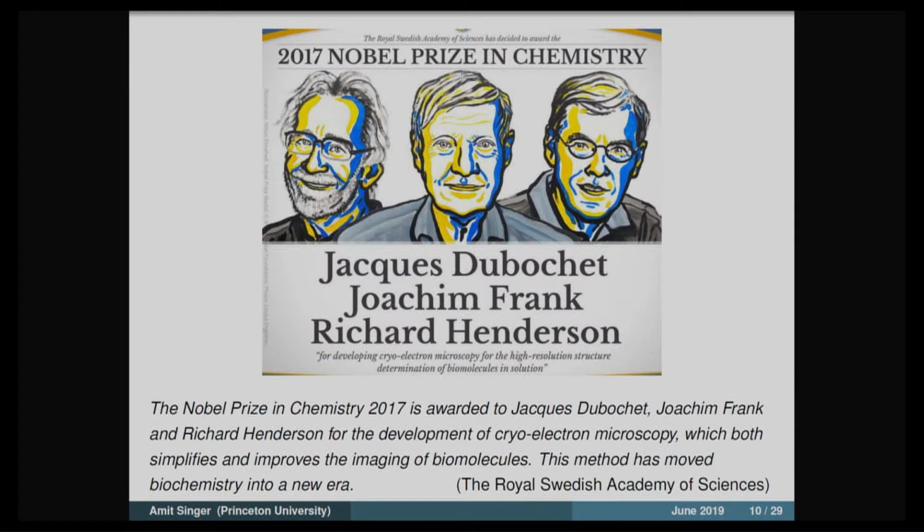And due to those advancements, the Nobel Prize in Chemistry in 2017 was awarded to 3 of the pioneers of this method of CryoEM, for developing CryoEM for the high-resolution structure determination of biomolecules in solution.